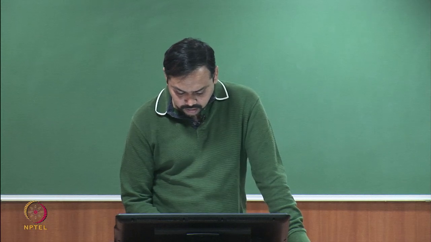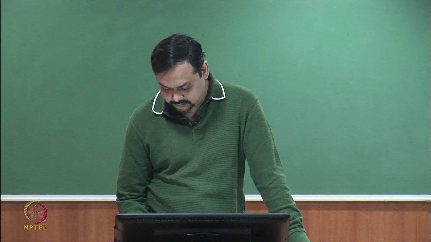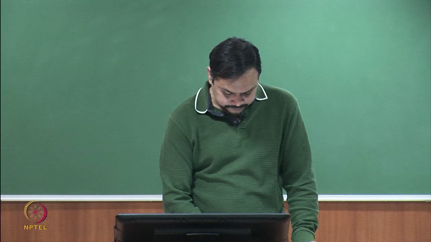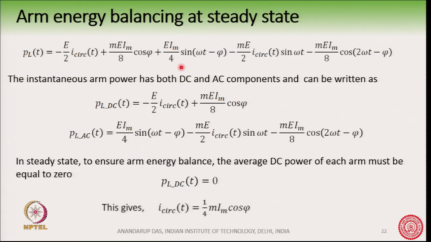You substitute the lower arm voltage here and substitute the lower arm current here. Again, like the previous case, fully expand it. Then we see that in this lower arm power there is a DC component and an AC component, just like before.